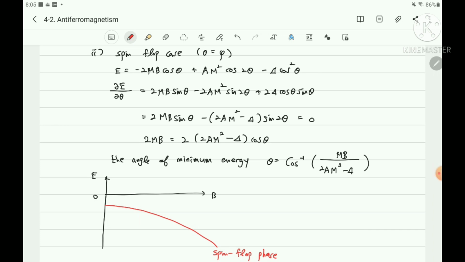And for the antiferromagnetic case, the energy is minus A m squared minus delta.